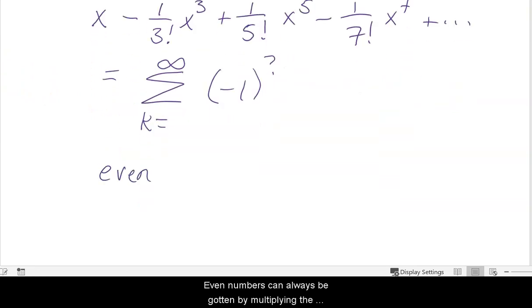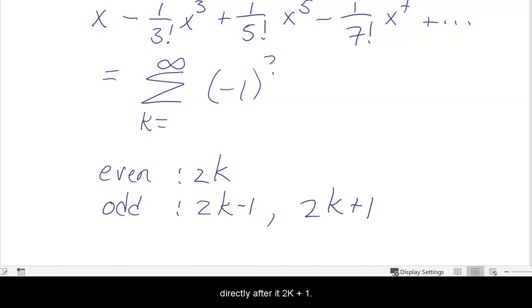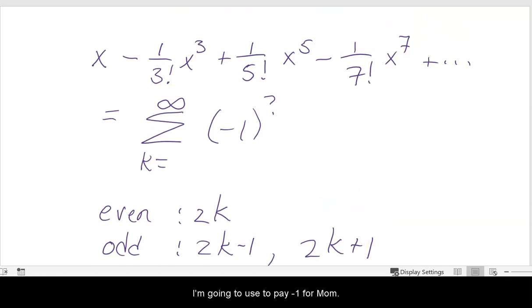Even numbers can always be gotten by multiplying the subscript by 2. Odd numbers then are directly in front, 2k minus 1, or directly after it, 2k plus 1. Whichever one you choose will also help you to determine what this lower index of summation is. You can use either one. I'm going to use 2k minus 1 for mine.